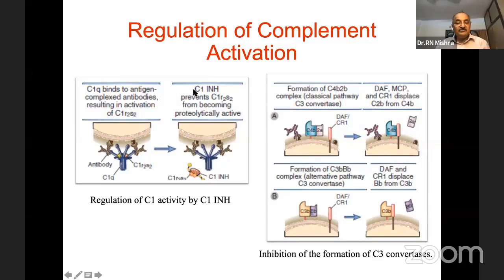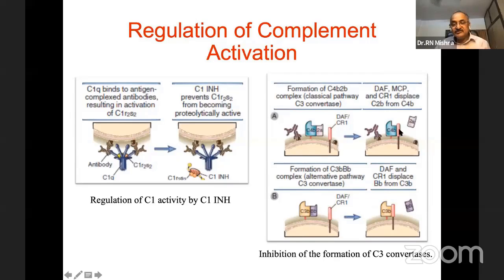Those who are deficient in C1 inhibitor have angioneurotic edema because the classical pathway gets activated. Then, formation of the C4b2b complex, the classical pathway C3 convertase: DAF, MCP and CR1 displace C2b from C4b.